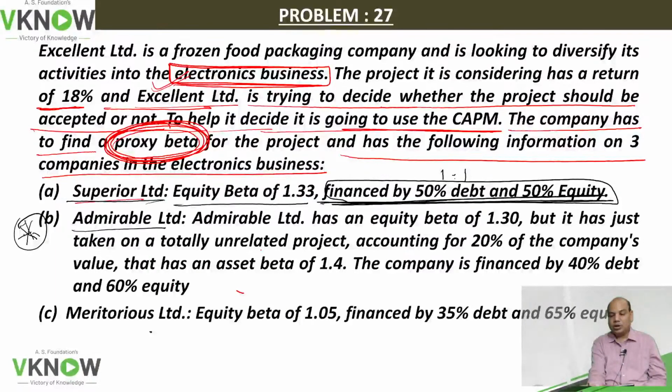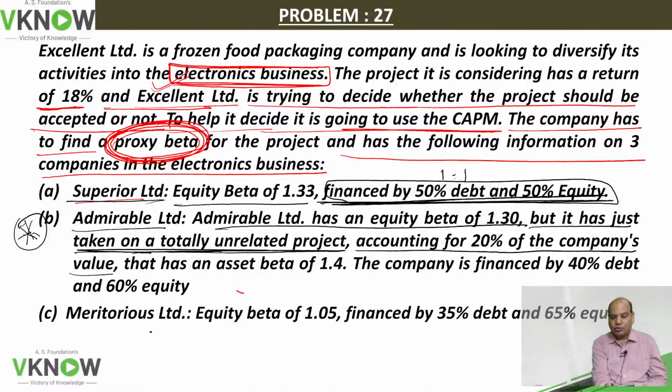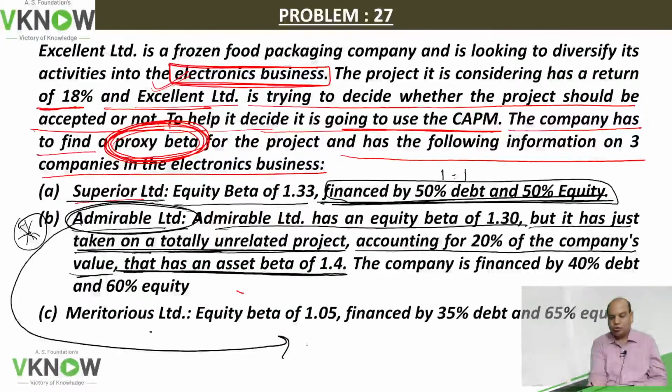Admirable Limited has an equity beta of 1.3, but it has just taken on a totally unrelated project, accounting for 20% of the company's value, that has an asset beta of 1.4. But this company Admirable Limited is not just in the electronic business. It is in 2 businesses: electronic business and other business.